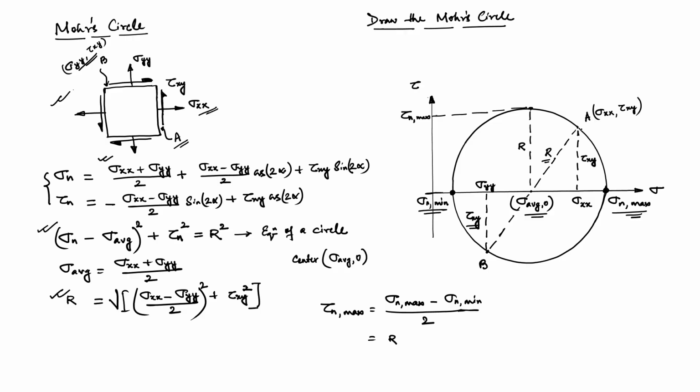Now, what we earlier solved, if you recall, given a stress field, our task was to find out a plane at an angle alpha, and then what is the sigma n and tau n acting along that plane.